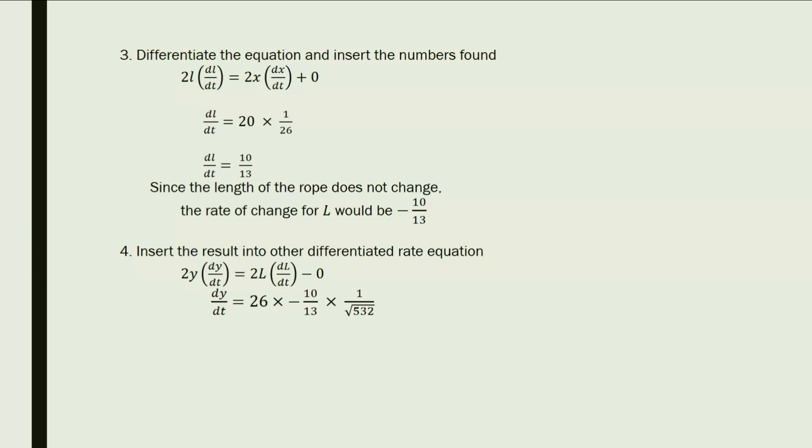Same as before, if we insert the numbers from step 1 into the function, y prime will equal 26 times negative 10 over 13 times 1 over the square root of 532. So the answer, which is the rate of change for y, is negative 20 over the square root of 532. When simplified, negative square root of 532 over 33.